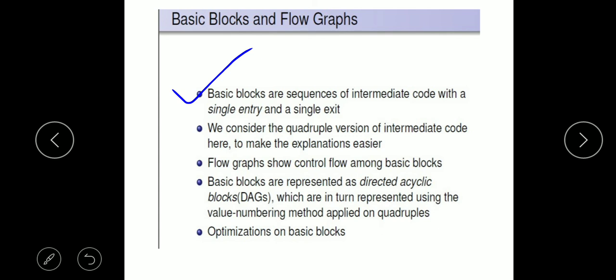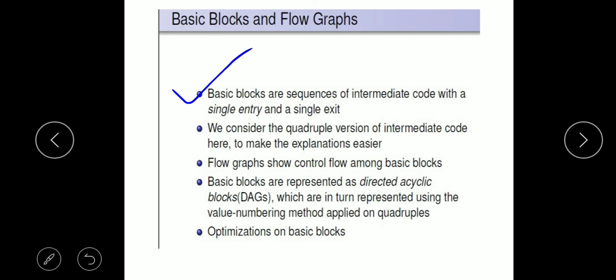Whatever statements are part of a basic block will be executed in linear fashion, and for their execution there would be only one entry point for execution and one exit point for termination of execution. It is possible that there would be a loop within a basic block so that a statement's intermediate code can be executed more than one time.